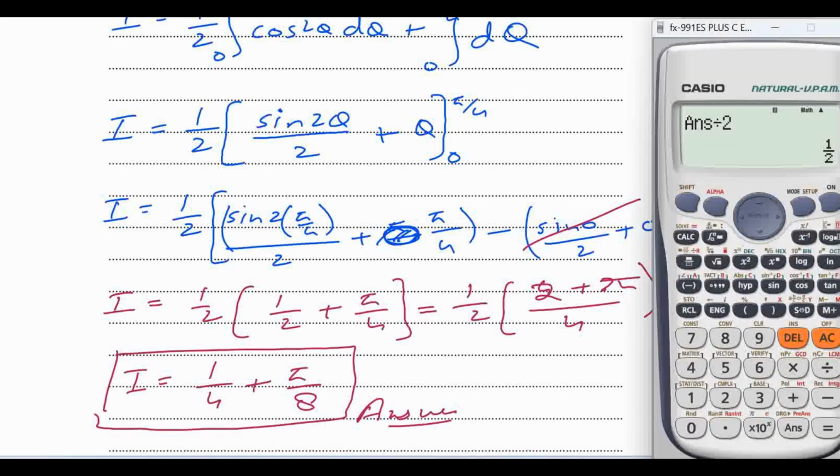But let's see the final answer, that if it gives us like this, so 1 divided by 2, if the final answer is not coming in decimal, then we will write it in decimal, otherwise this will be the exact value 1/2 into bracket 1/2 plus pi by 4.